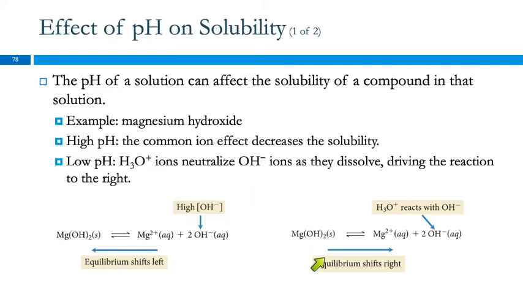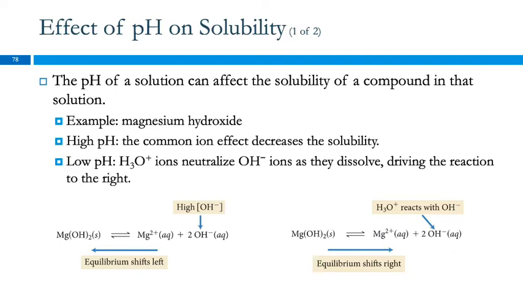At a low pH, we have an effect that's not just the lack of a common ion: the hydronium ion will actually react with the hydroxide and chew up the hydroxide ion as it's created while the magnesium hydroxide is being dissolved.